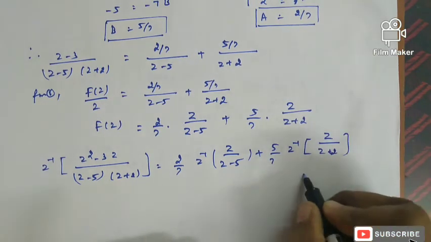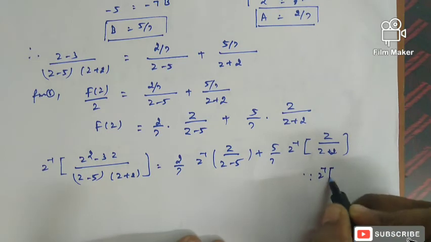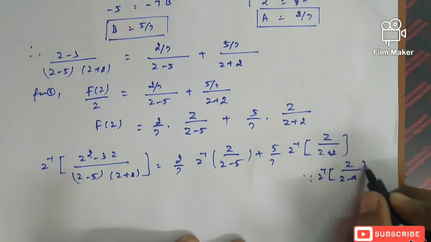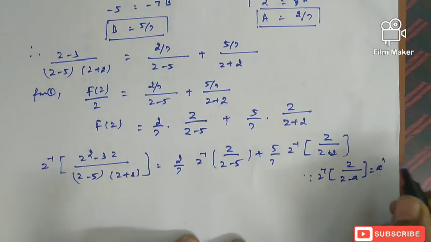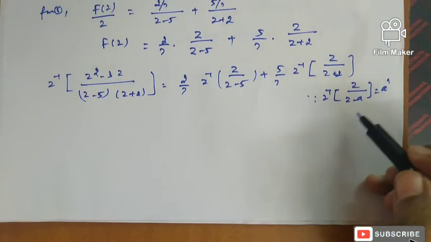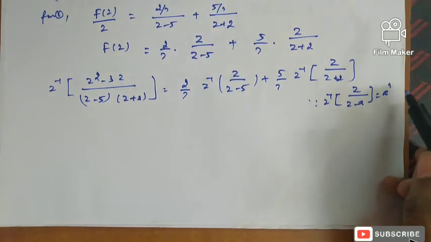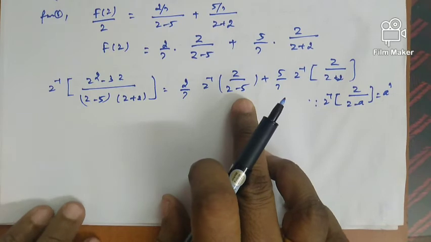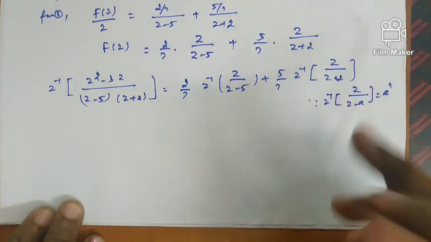We have a result. What is the result? Z inverse of the form z by (z minus a): the answer is a power n. So z inverse of z by (z minus a) is a power n. Now we compare this one, z by (z minus a). In the place of a we are having 5, and here we are having minus 2.